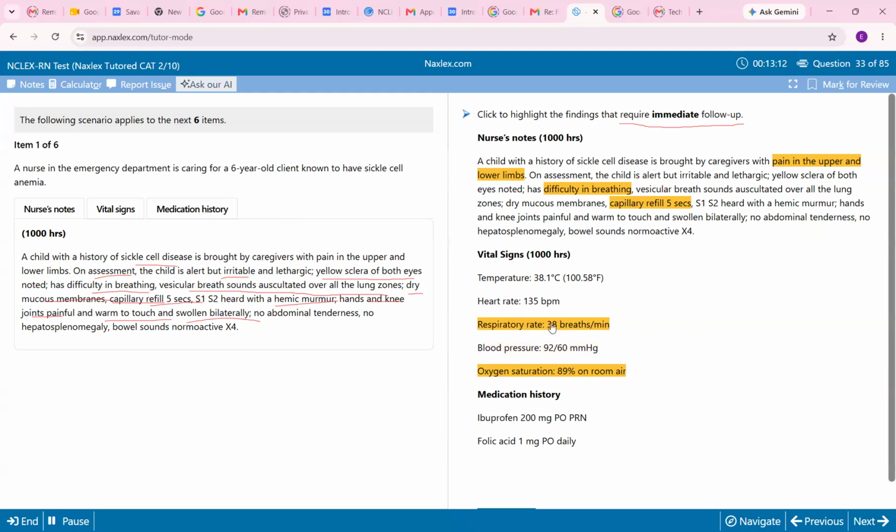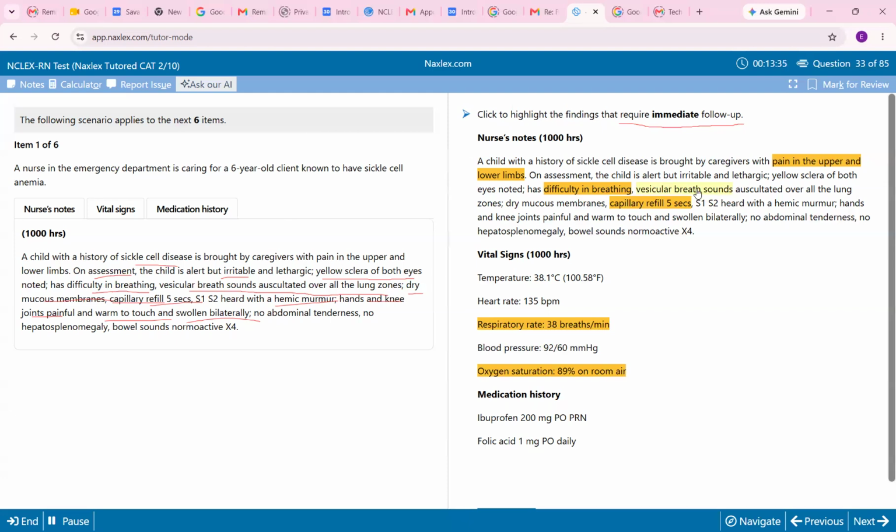Do you have any other option? I will just show you the options here. I'm a little bit confused with the pain in the upper and lower limb.